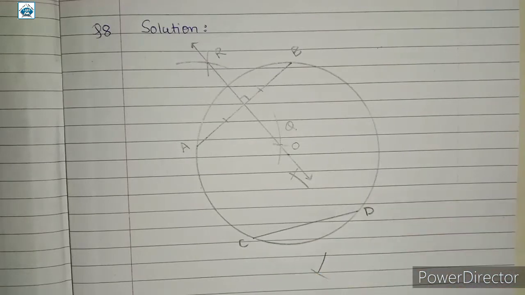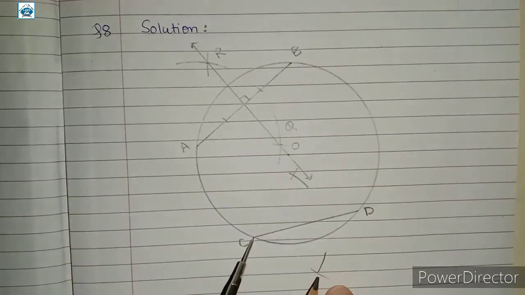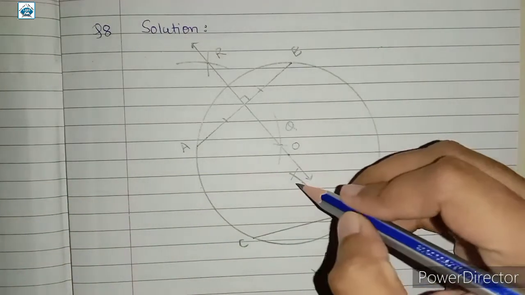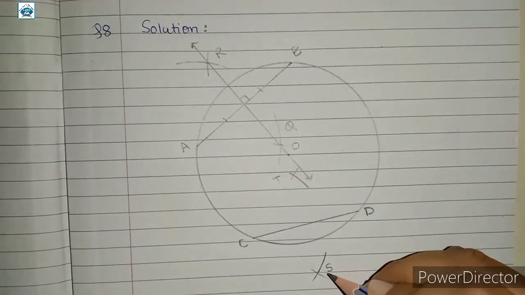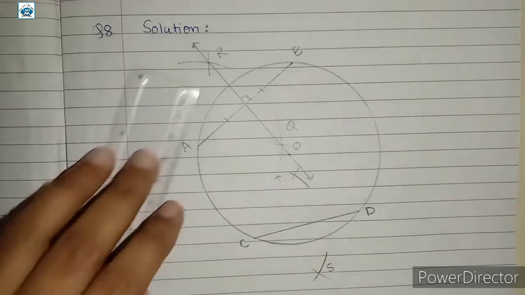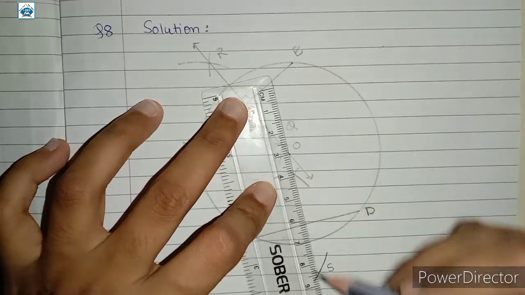They have the same radius. Now we are getting points of intersection. We got 2 points. Let us name them T and S. Let us now join ST and we will get the perpendicular bisector of this chord CD.